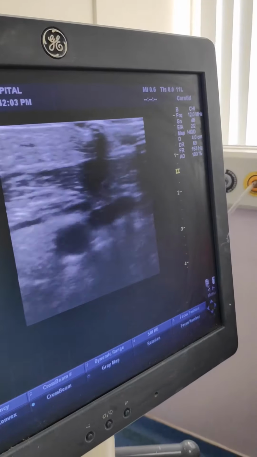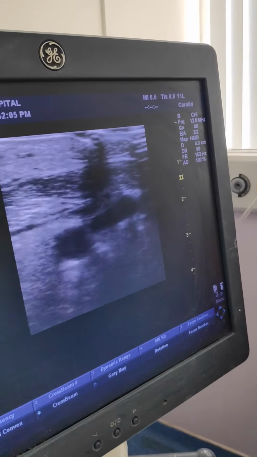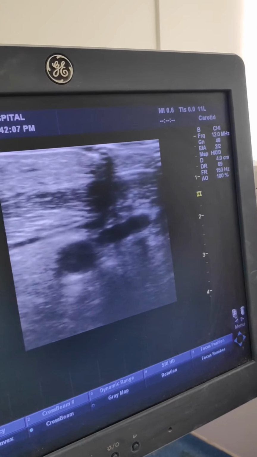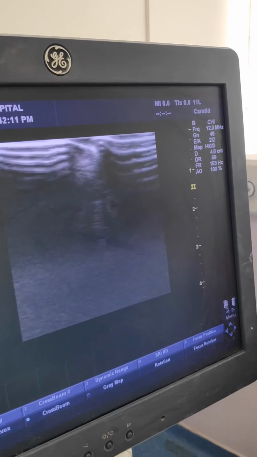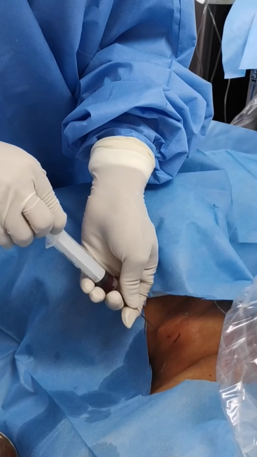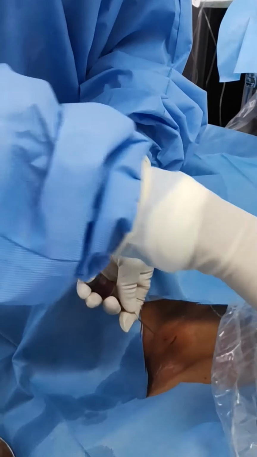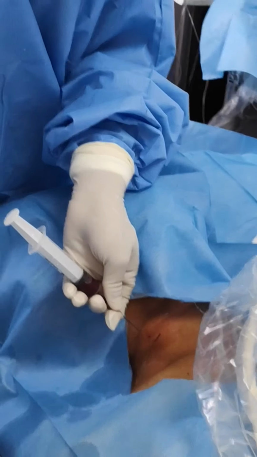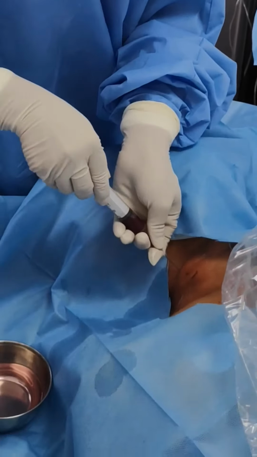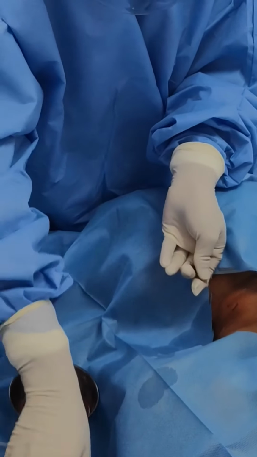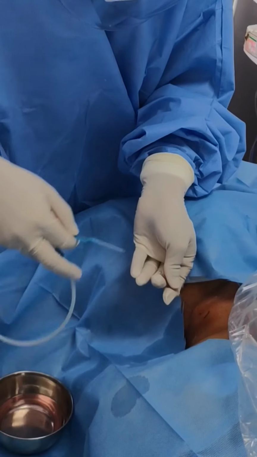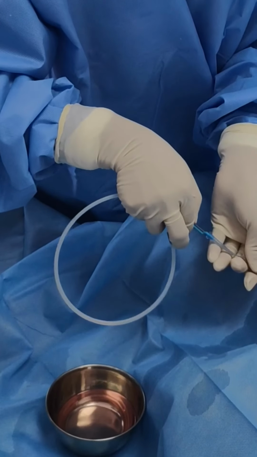You can see the needle moving on the screen as I am going inside. Yes, there it is, shining inside the vein, withdrawing blood. Now I am introducing the guide wire.